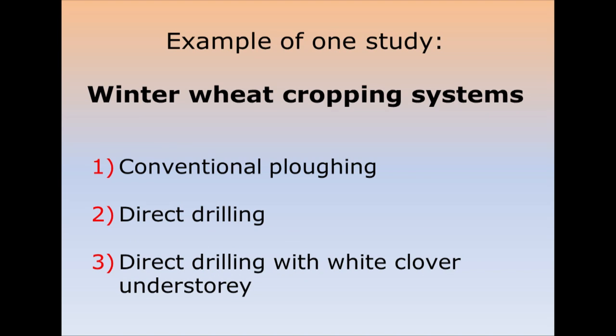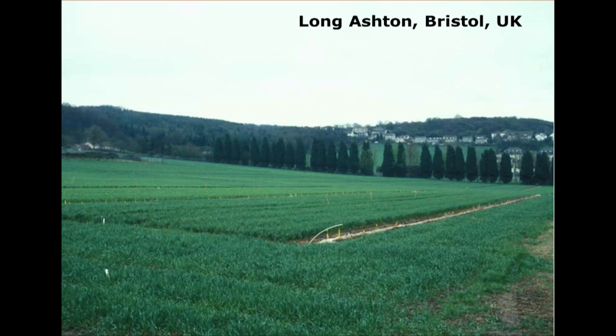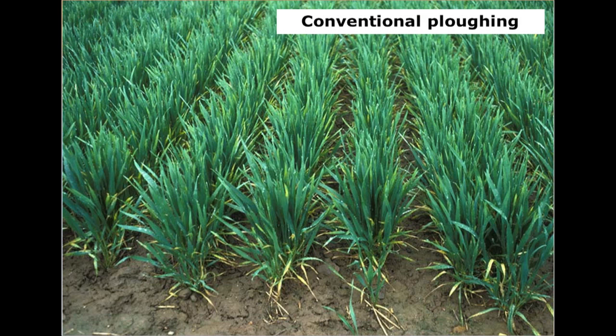Okay. Here is just one example of my own work where we looked at different systems in England in large replicated plots, and we looked at, you always need one control, which is your standard farming system or conventional.